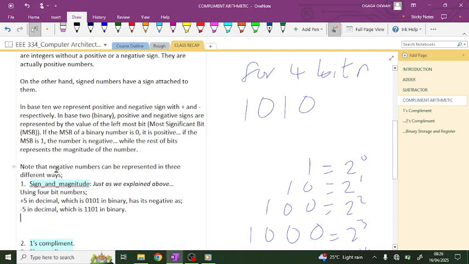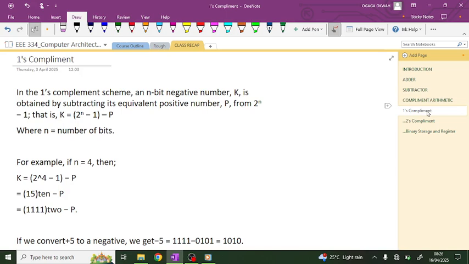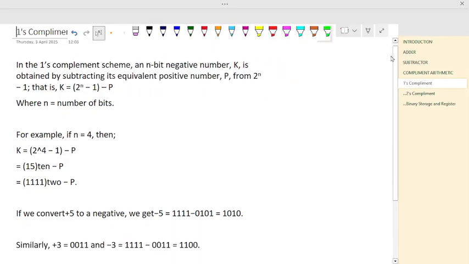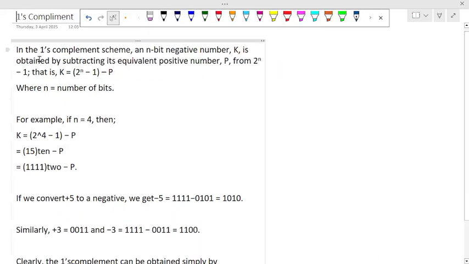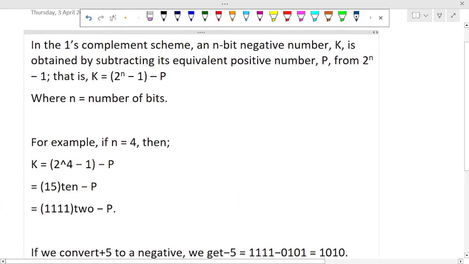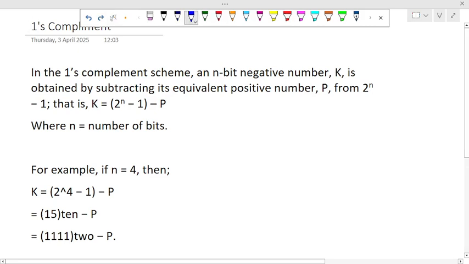Note that negative numbers can be represented in 3 different ways. So we are dealing with negative numbers. That is why it said an n-bit negative number k, that is k is a negative number.